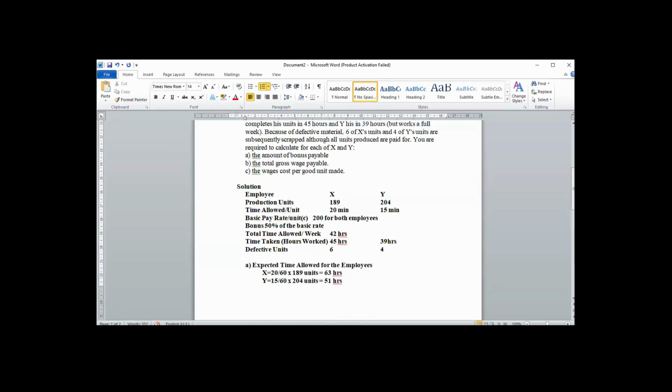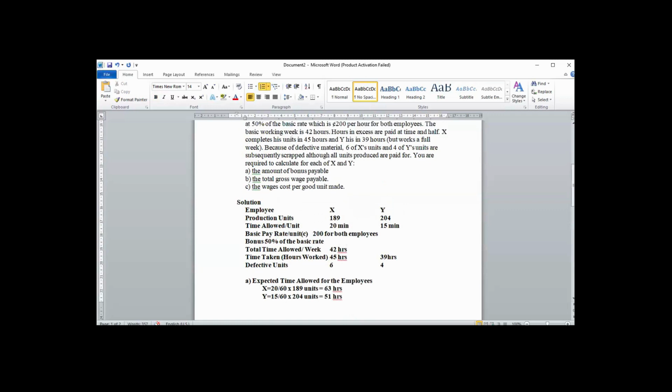Hours in excess are paid at time and a half. Excess hours, that is the overtime. Is that clear?